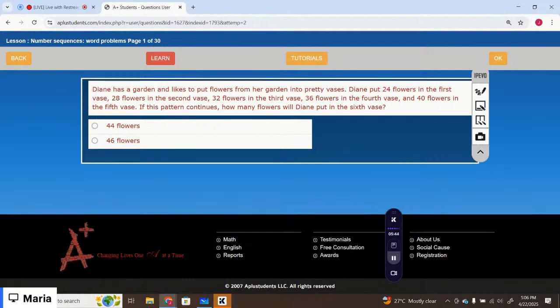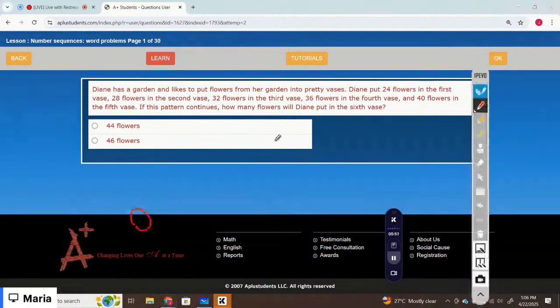If this pattern continues, how many flowers will Jane put in the sixth vase? That is 24, 28, 32, 36, 40. So that means in the sixth vase there are 44 flowers. The pattern is plus 4.